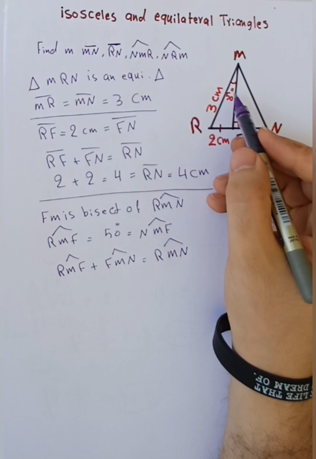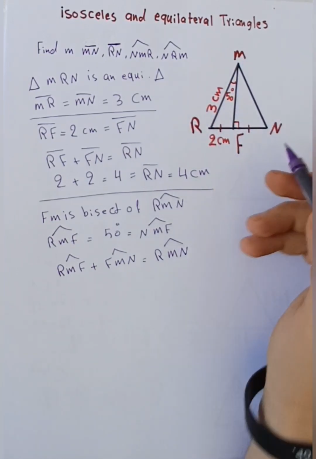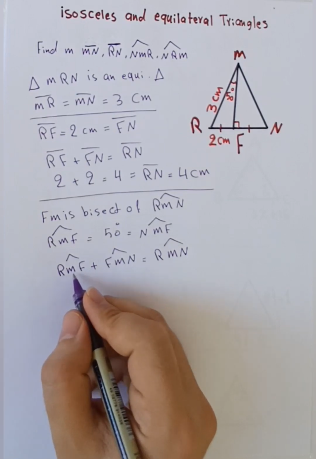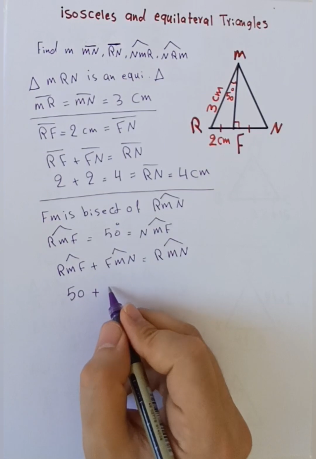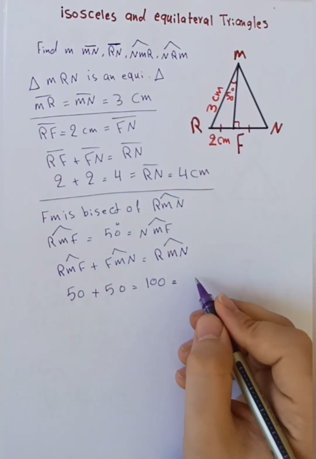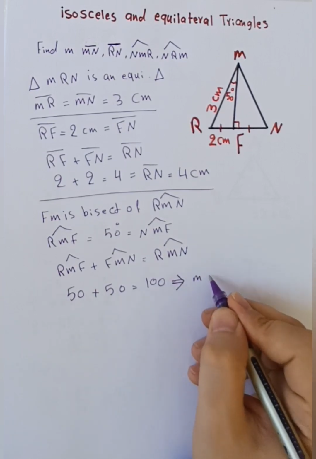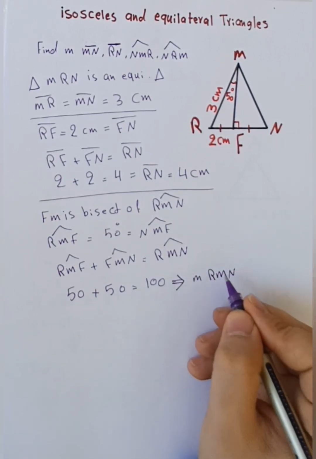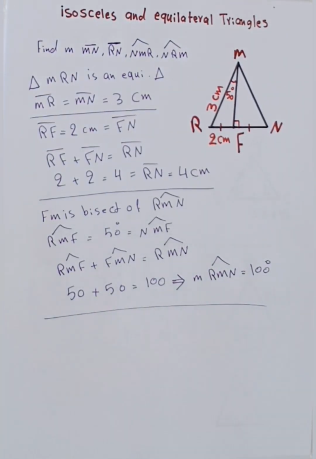The sum of the measure of these two angles equal to the measure of angle RMN. The measure of angle RMF is 50. The measure of angle FMN is 50, equal to 100. So we can say the measure of angle RMN equal to 100 degrees.